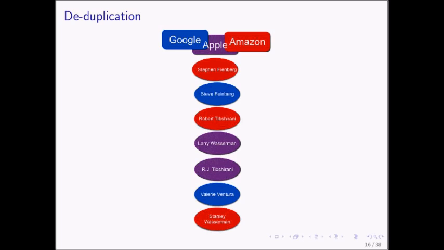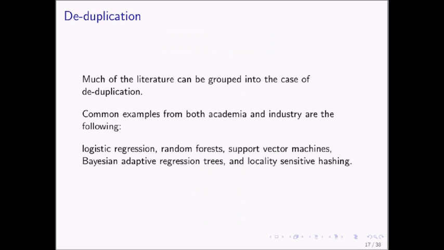And so it depends a lot of times on the question that you're asking. So these are two very different problems. A lot of times people will look at this deduplication problem when they care a lot about speed or accuracy. So much of the literature can be grouped into the space of deduplication.